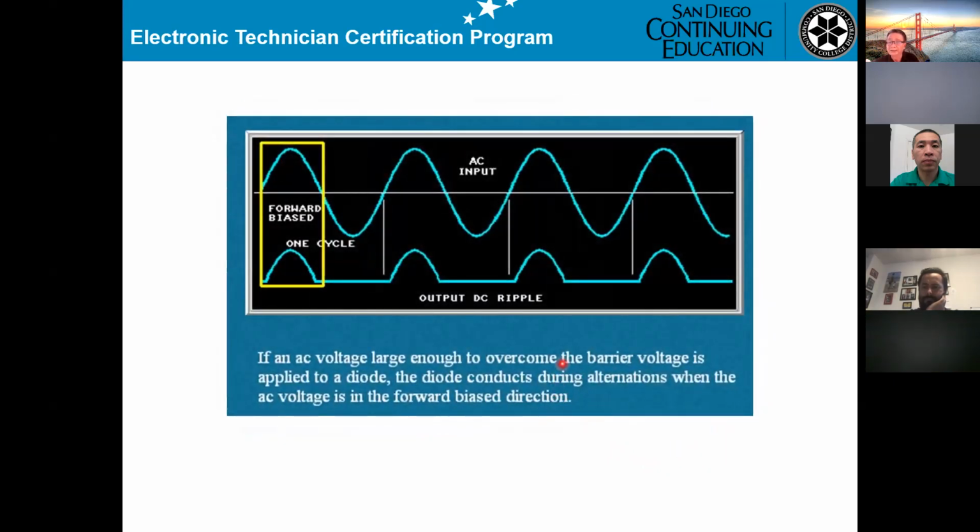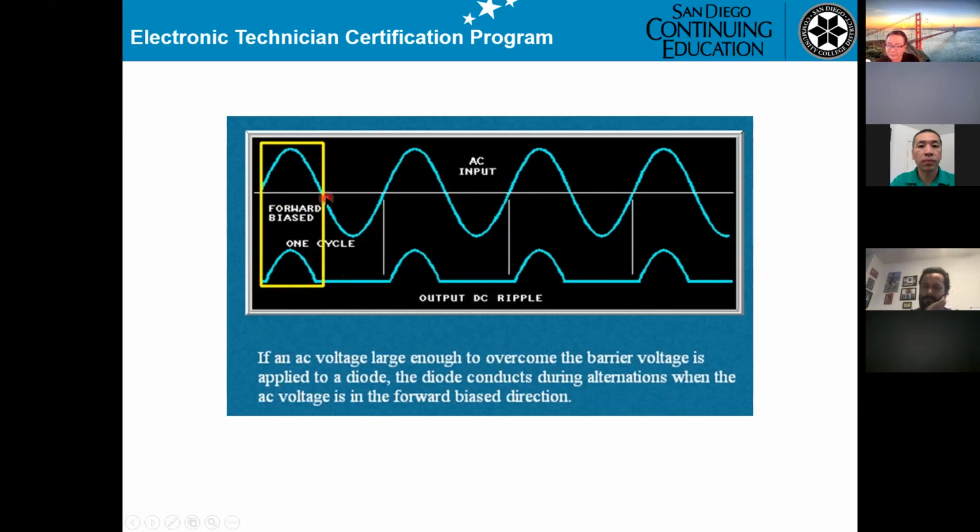Basically they're talking about the output of the half-wave rectifier. That means you connect the input to the anode of the diode, and the output is taken from the cathode. When the input is positive, the diode is on, so the output copies the signal from the input.